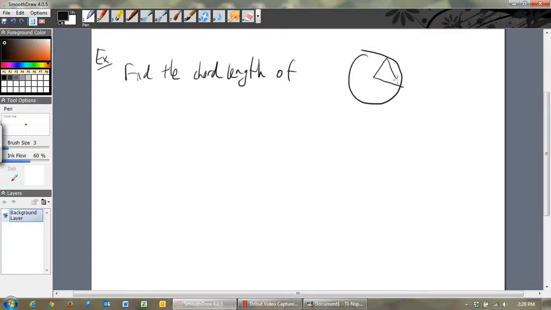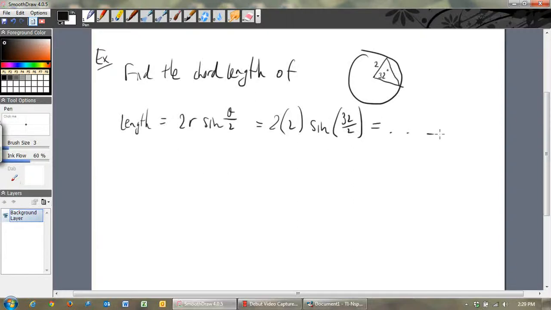We'll say that's 2, and we'll say this is 32 degrees in there. So our chord length formula is 2r sine theta over 2, which equals 2 times the radius of 2 times sine 32 over 2, equals blah blah blah, and plug that into your calculator.